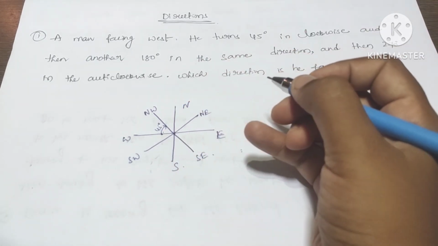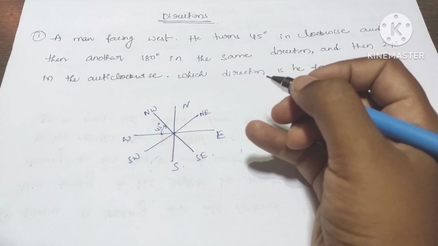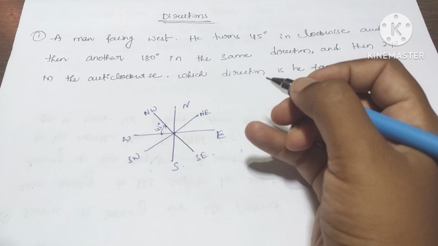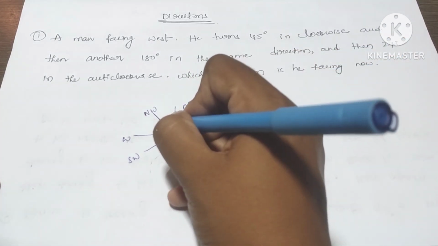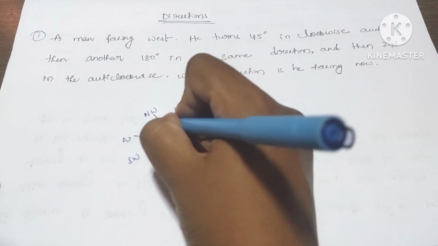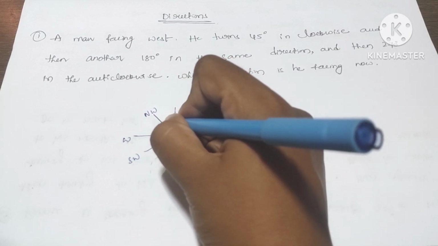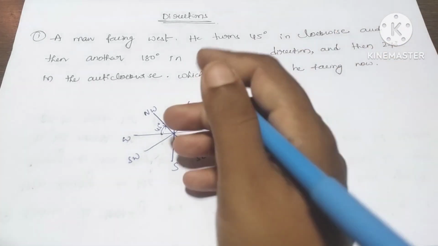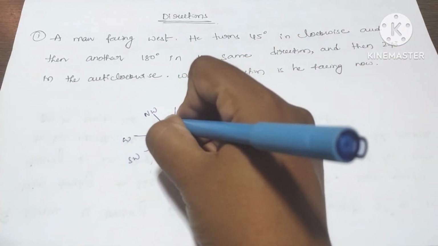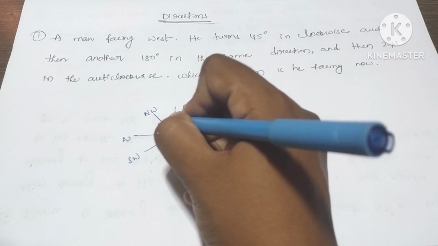Now, he turns another 180 degrees in the same direction. Now the man is here. From here, he turns another 180 degrees in the same direction, that is, in the clockwise direction only. Now, from here, 180 degrees.